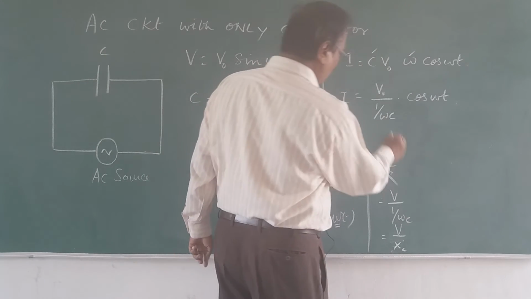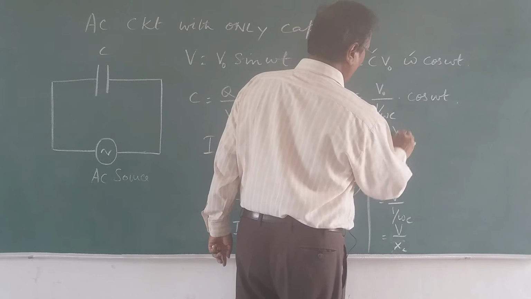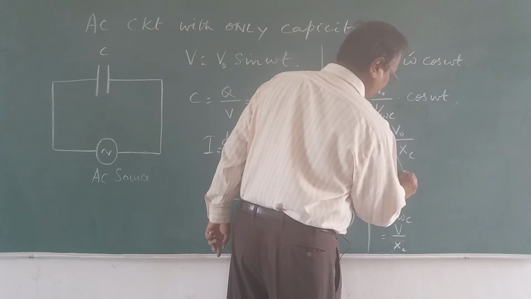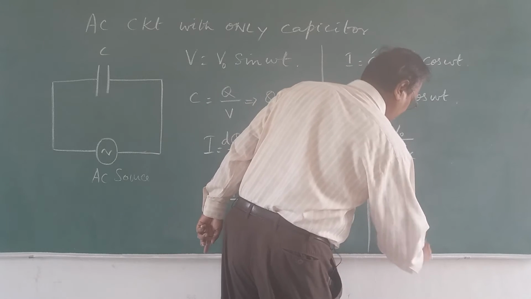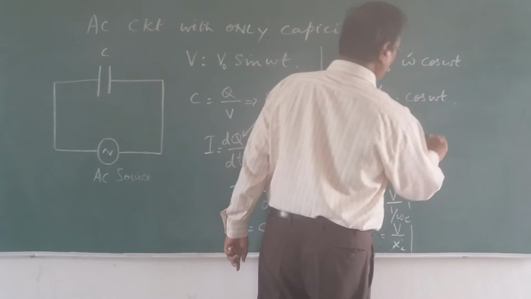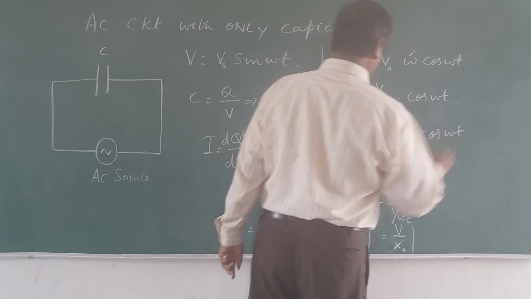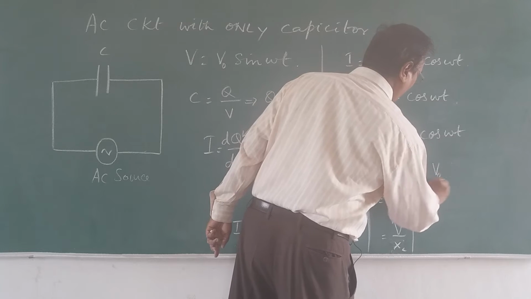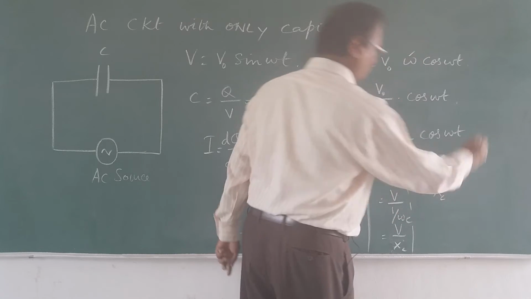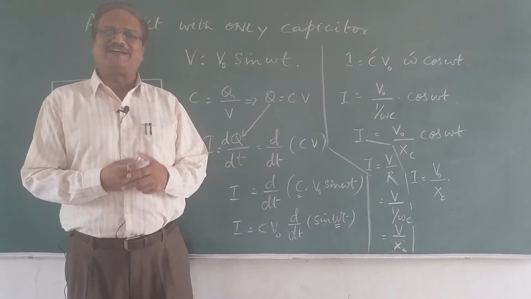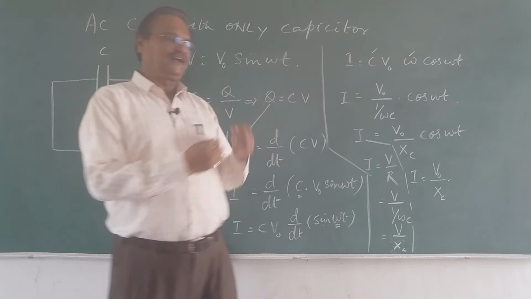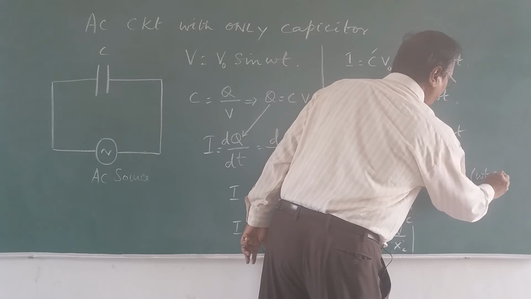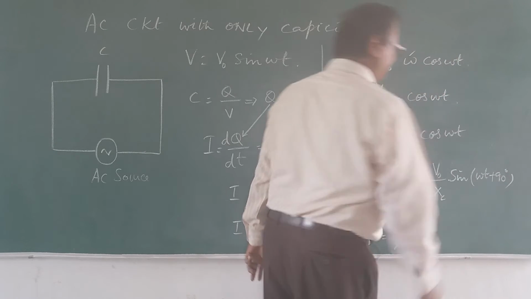So now I can write here V0 upon XC into cos omega t. What is this? Our current is equal to V0 upon XC into cos omega t. Cos omega t can be written as sin of omega t plus 90 degrees.